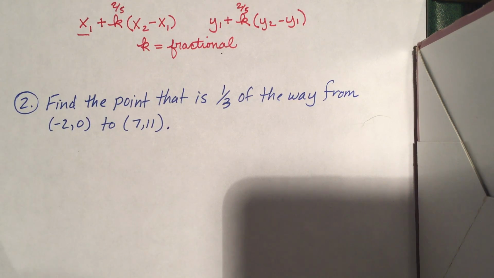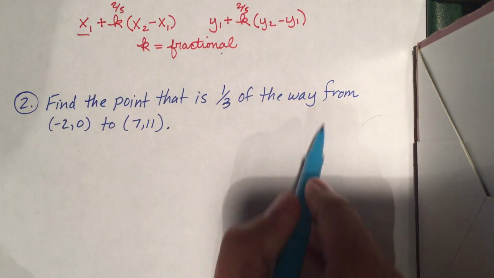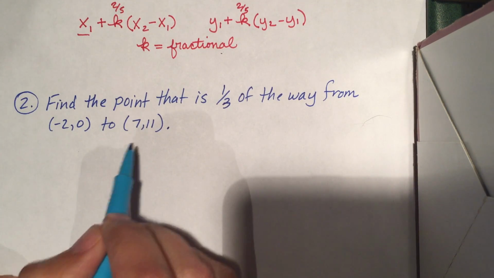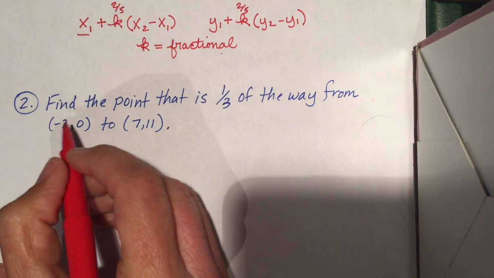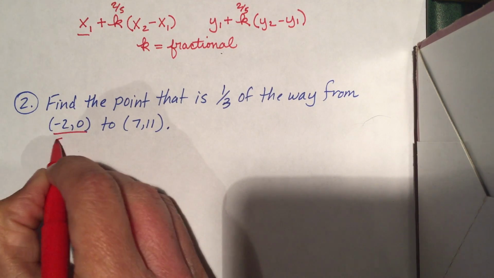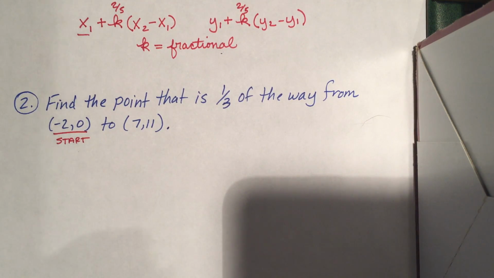So I'm looking at my two points. The fractional distance formula says I'm going to go from -2, 0 to 7, 11. So this is your start because of the way the question is written. That's going to be your x1 and your y1.